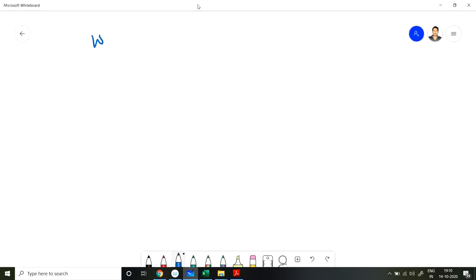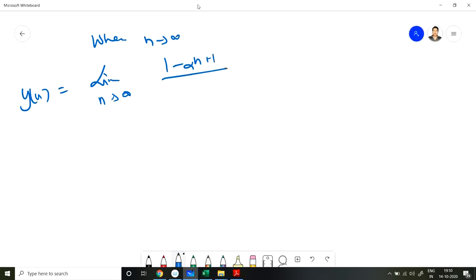So when n tends to infinity, when the number of terms tends to infinity, then what is the value of y[n]? So y[n] is the limit as n tends to infinity of 1 minus alpha raised to the power n plus 1 divided by 1 minus alpha. Now we can see that alpha is between 0 and 1.